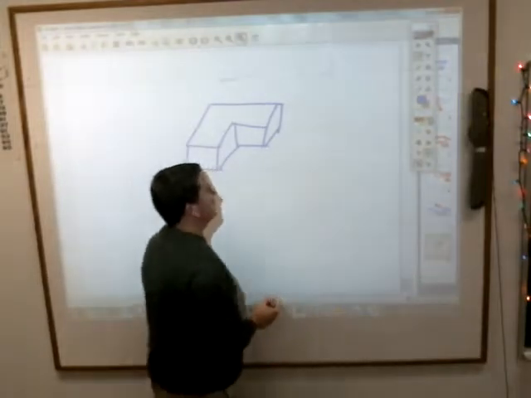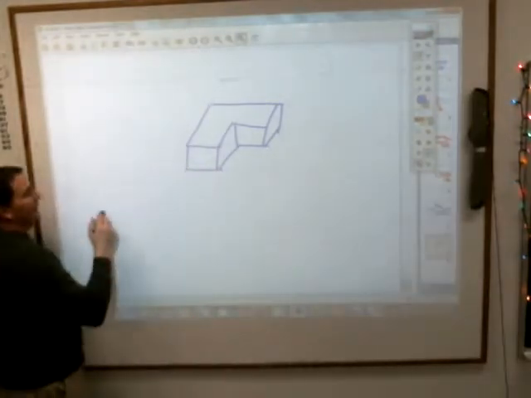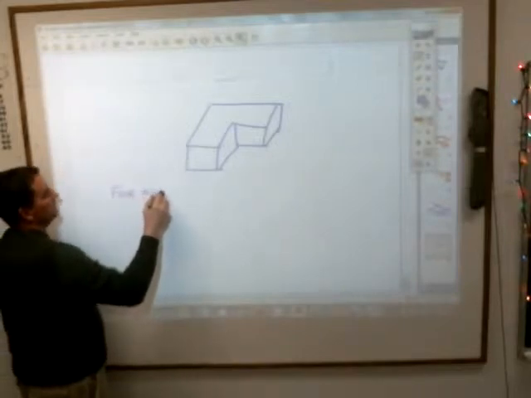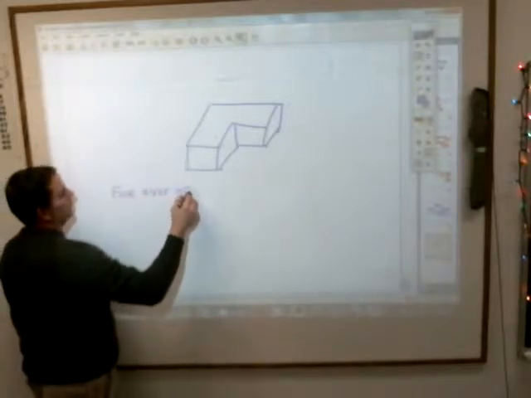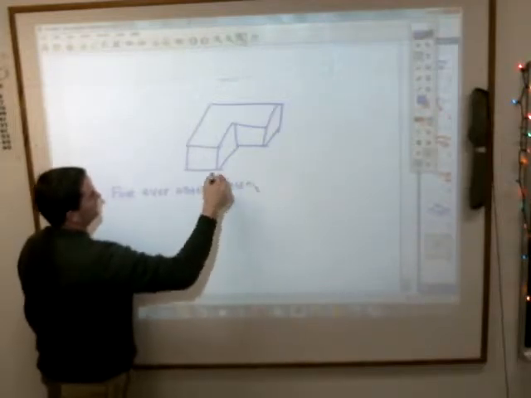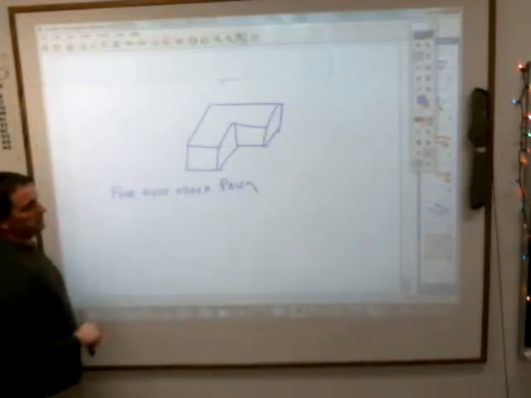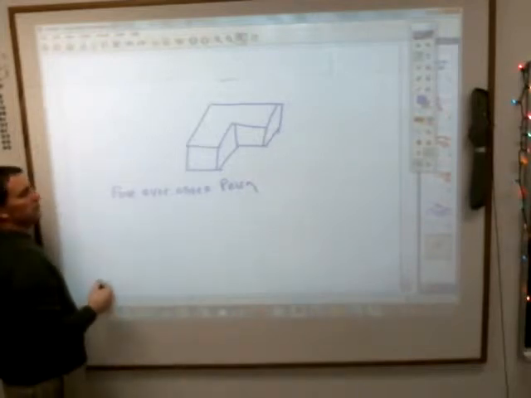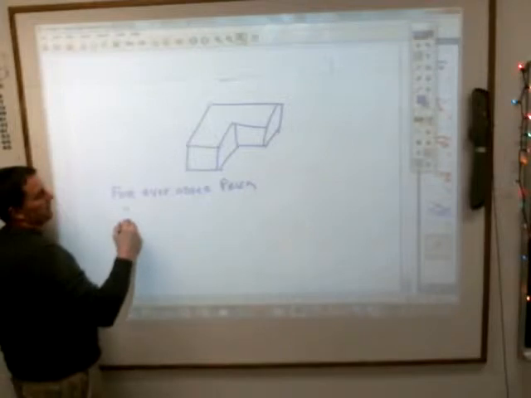Write this formula down. For every other prism, by the way, this is not a rectangular prism, it's some sort of a hexagonal prism or whatever it is, you must use this formula.